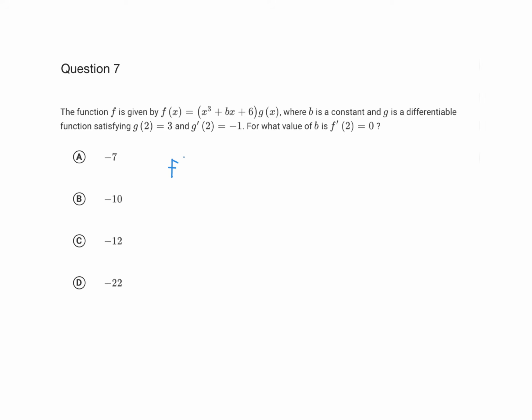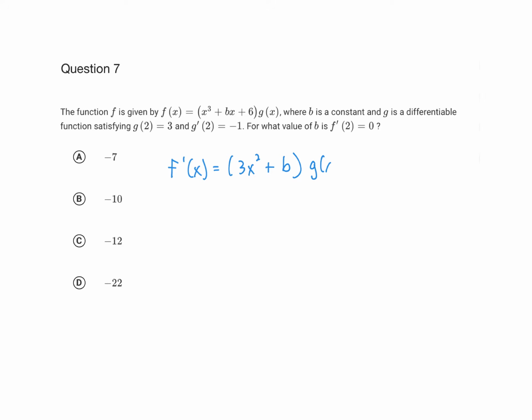So first we'll find the derivative. Okay, since f is two things multiplied that are each functions of x, we'll have to do the product rule. It doesn't matter the order, but I'll take the derivative of this first one. Okay, the derivative of x cubed is 3x squared. The derivative of bx is just b, and the derivative of 6, since that's a constant, is 0.